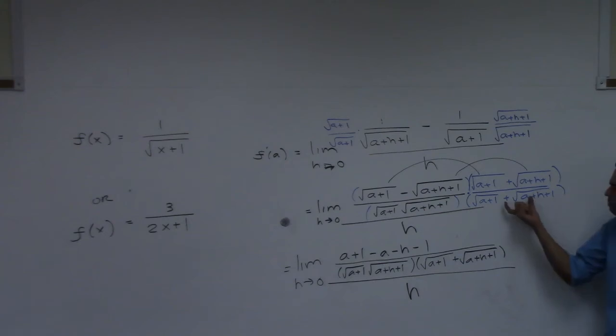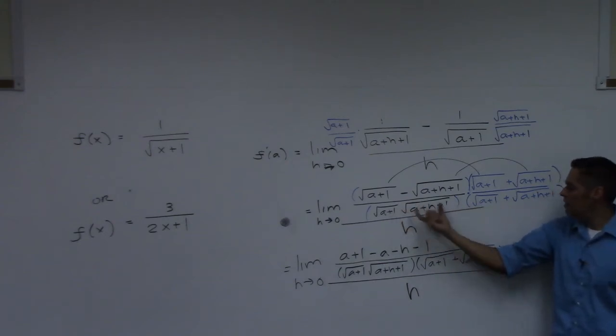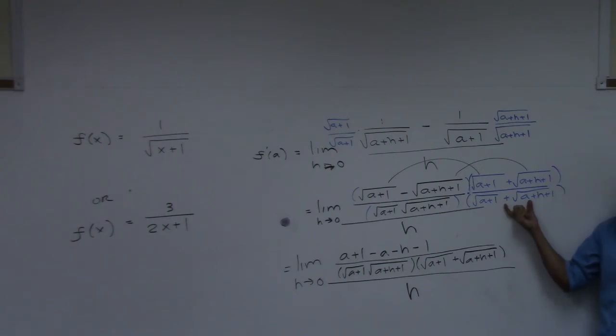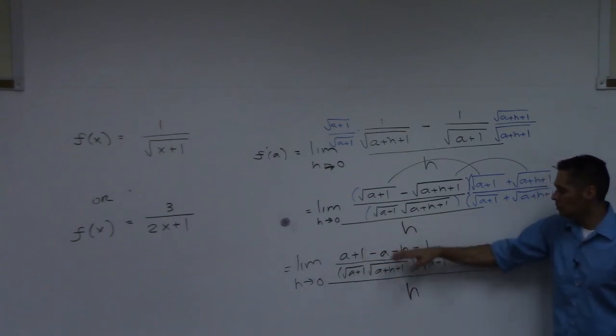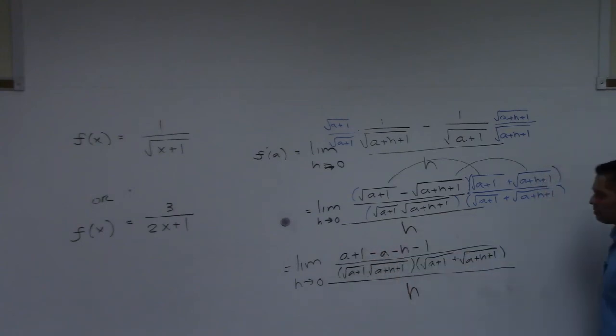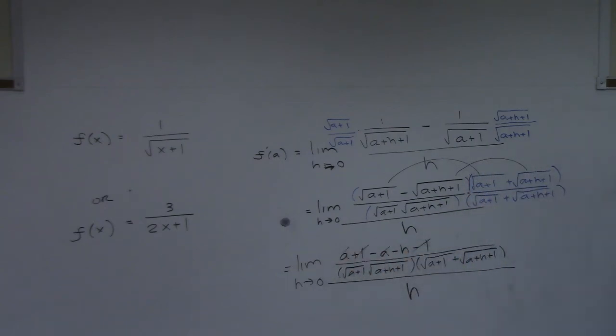So notice that on this part right here, I didn't try and put these together. I just left this and this. Because really what I want is for an h up here to cancel with an h down here. And do I get cancellation up there? Oh, I do. A's gone, 1's gone. And I have a negative h up top still, right?